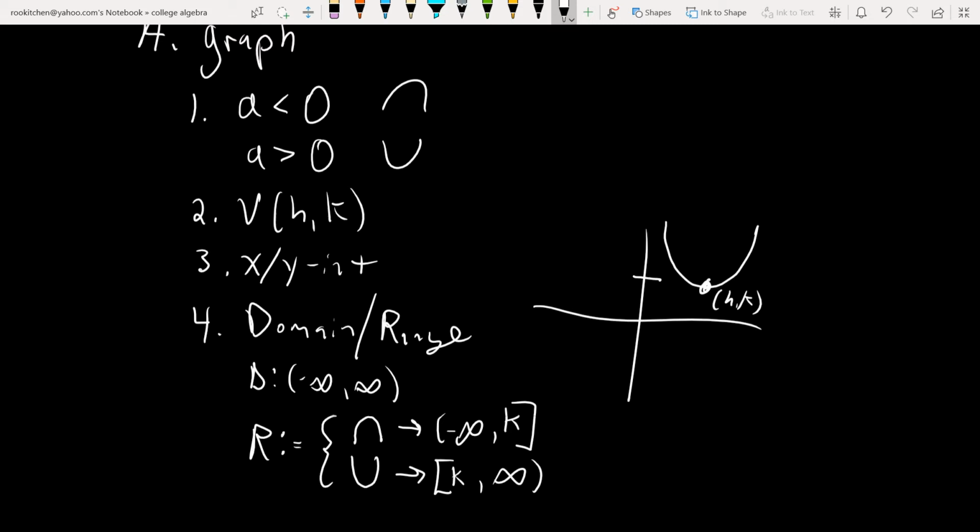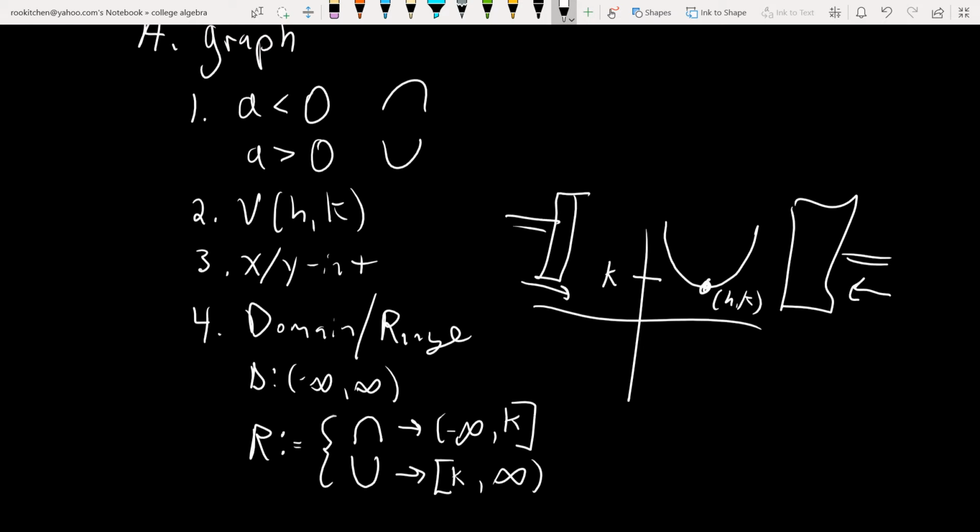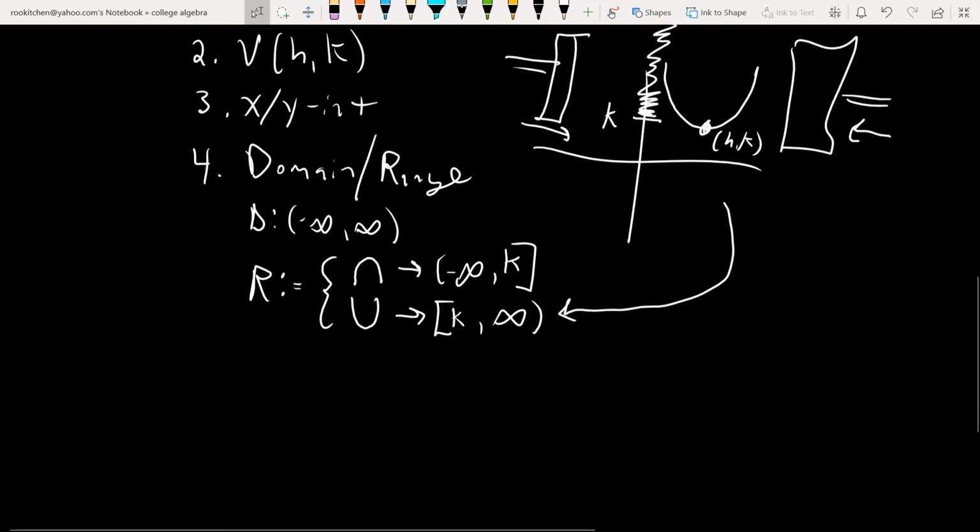This point on the y-axis is k. If I smushed my graph using my trash compactor against the y-axis, it would be smushed from k to infinity, which is the range I was talking about. So you can always figure that out without looking at the graph. Okay, so number 5 then, the axis of symmetry is also what I'm after.